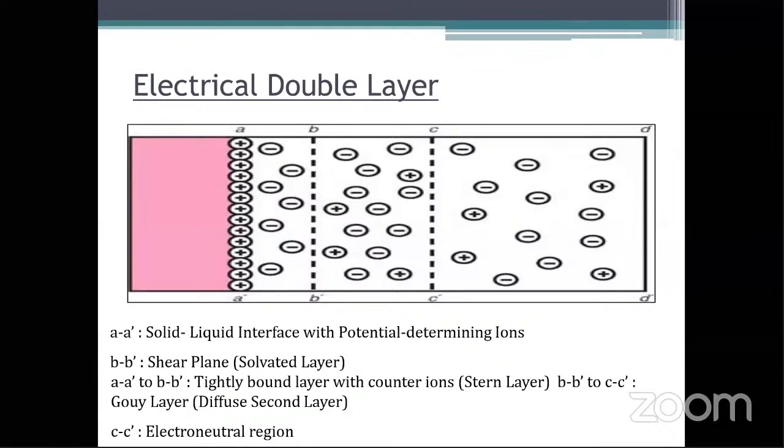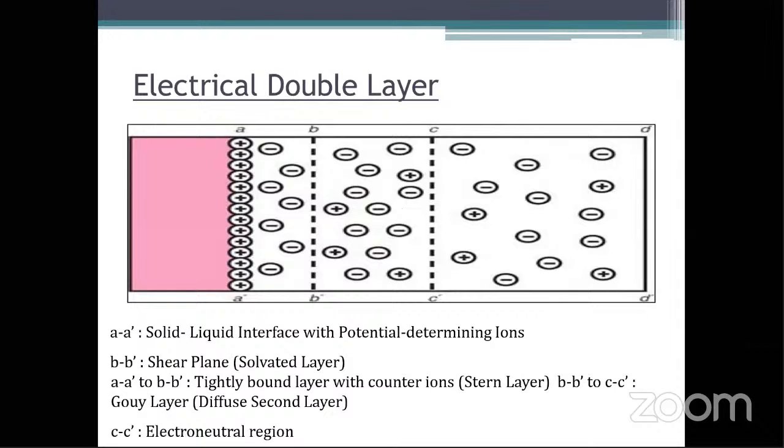In this layer, an excess amount of anions, that means negative ions, is present. In the layer from A dash to BB dash, we have seen the number of cations is more than the number of anions. But in the region BB dash to CC dash, the number of anions is more than the number of cations.